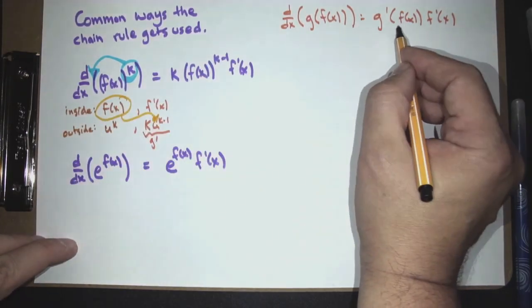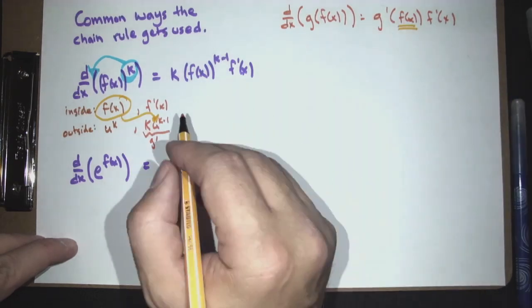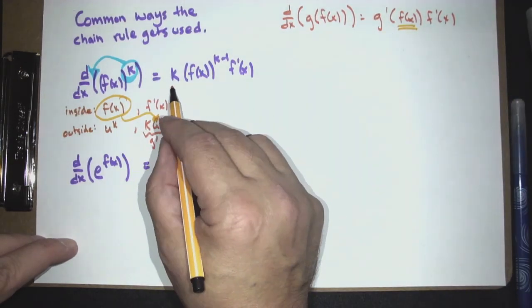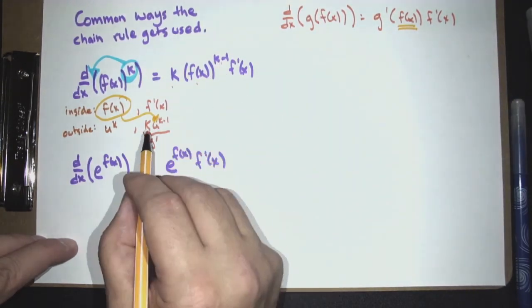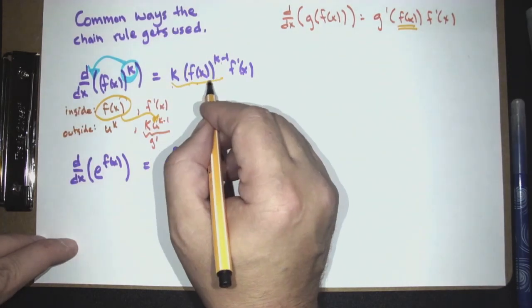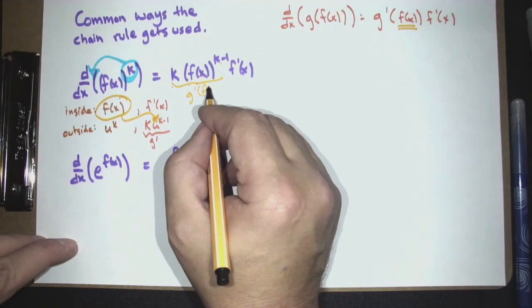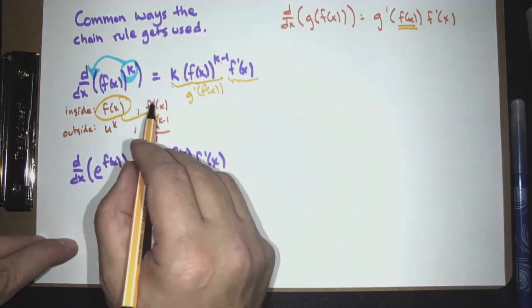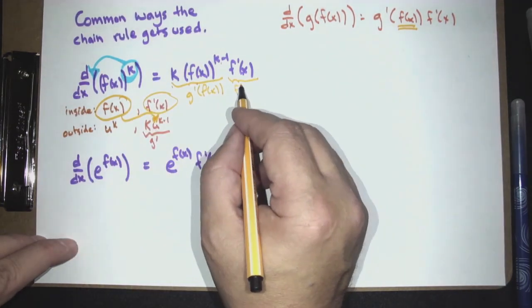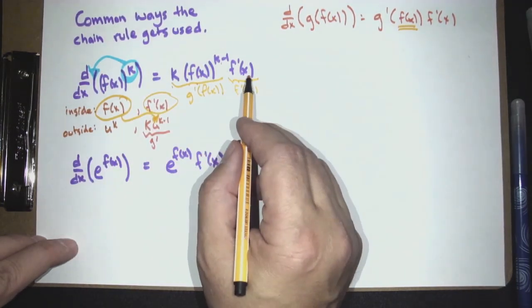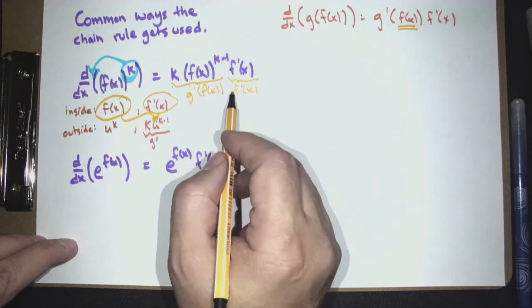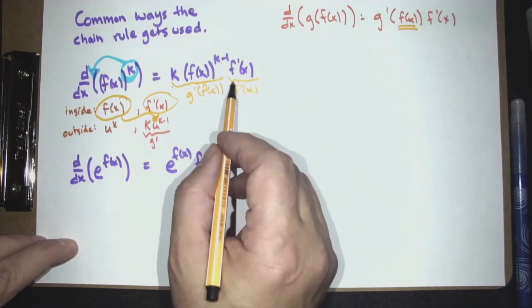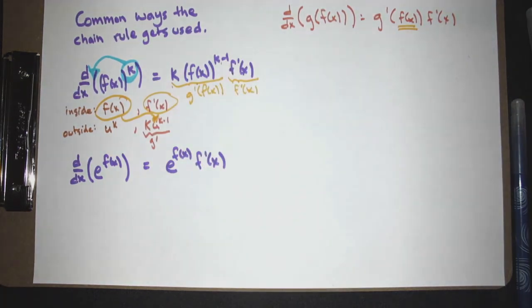So that's where you get your k, f of x to the k minus 1. This part right here is your g prime of f of x. This other part corresponds to your f prime of x. The clue is that it says f prime of x. It's a pretty strong clue.